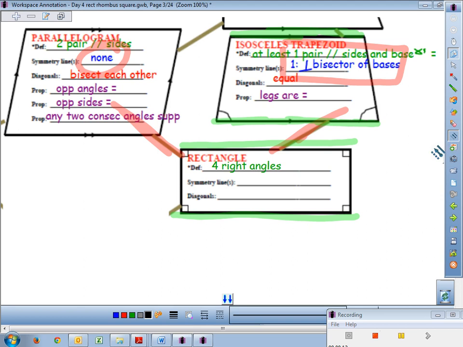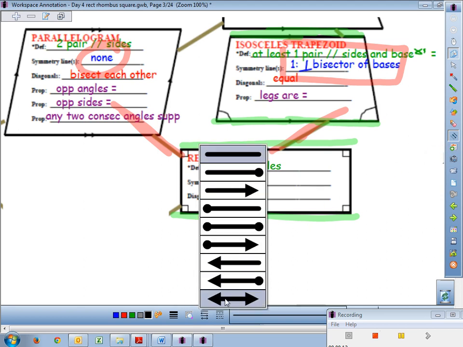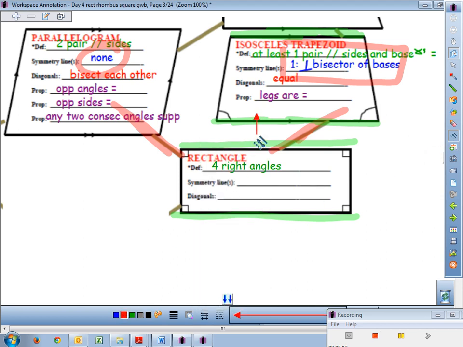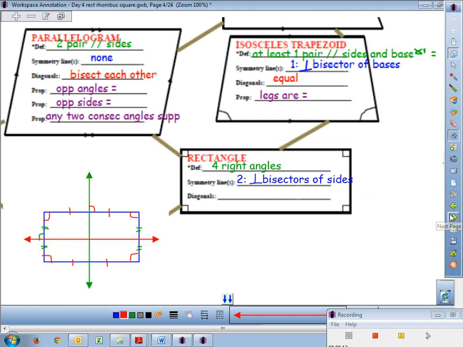So if the symmetry line is supposed to be the perpendicular bisector of the bases, there would be a symmetry line for this one. It would go like so. And also, shouldn't these guys be parallel to each other? So the line that perpendicularly bisects those bases, those are bases too, is also a symmetry line. So a rectangle has 2 symmetry lines, the perpendicular bisectors of the sides.